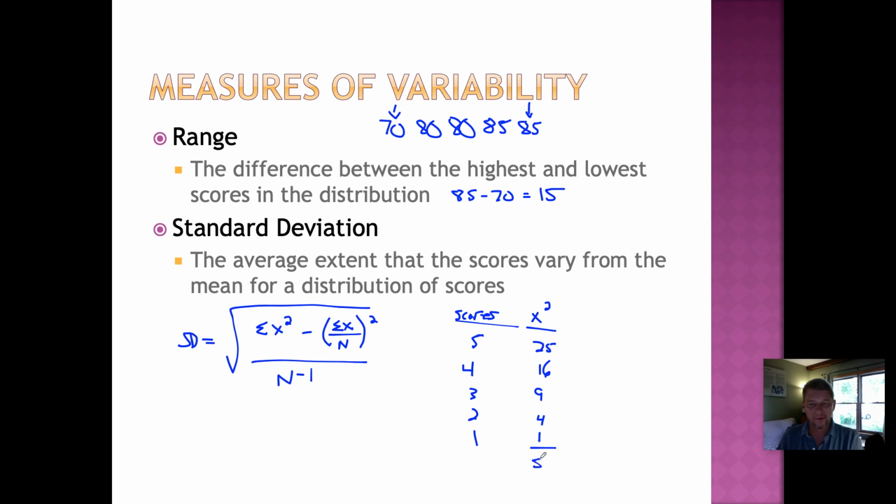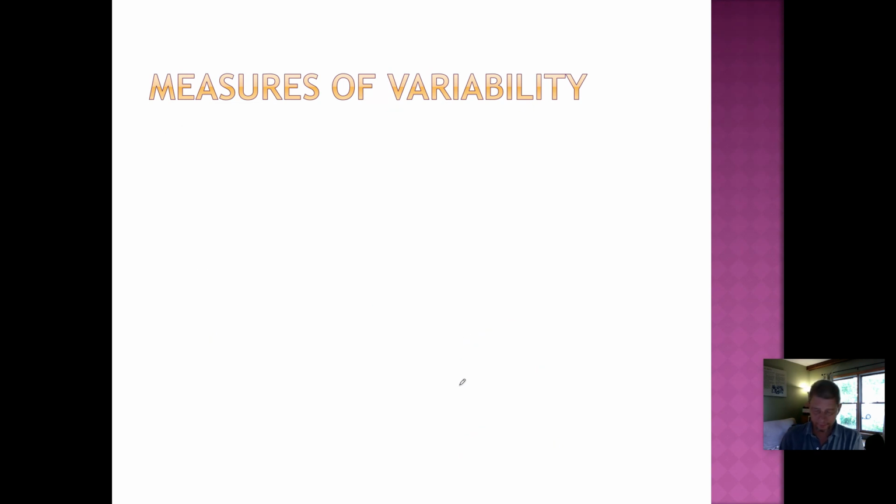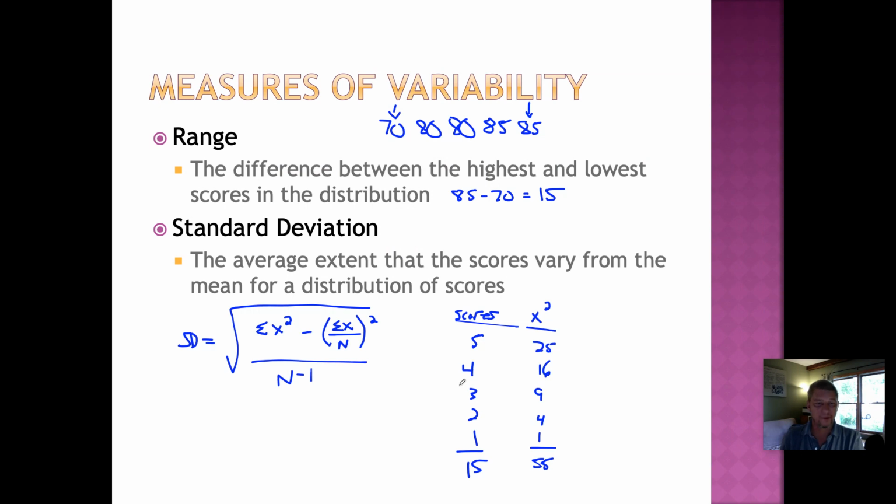So there it is, 55. That's the sum of x squared. The sum of x is simply 5 plus 4 is 9, plus 3 is 12, plus 2 plus 1 is 15. And n is 5, since there are 5 different scores here.